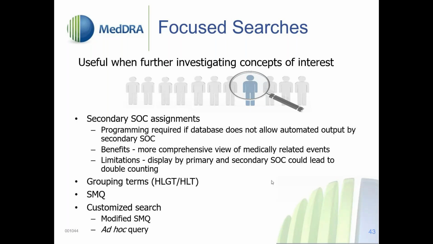So looking at the secondary SOC might already help you to get a more comprehensive view on medically related events. If you're doing it in a cumulative output, you need to be very careful, because then the same event may be counted several times. But if you just look at one SOC, this is not going to happen.